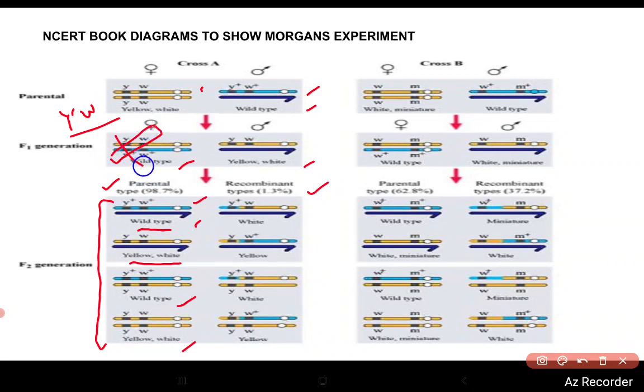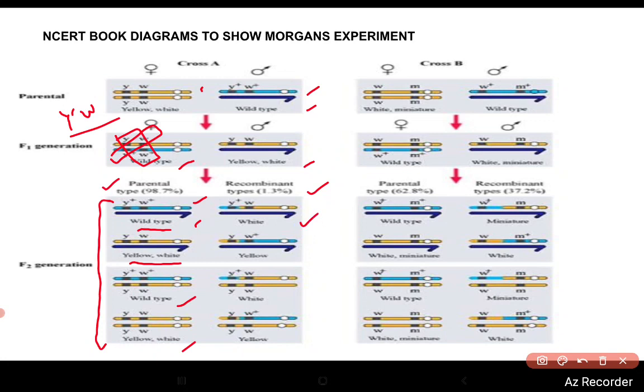crossing over happens, then the new combinations that form are white colored eye with brown body.